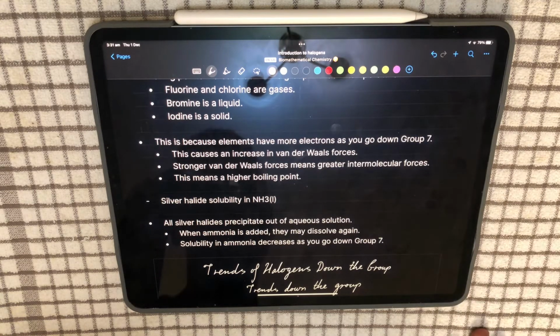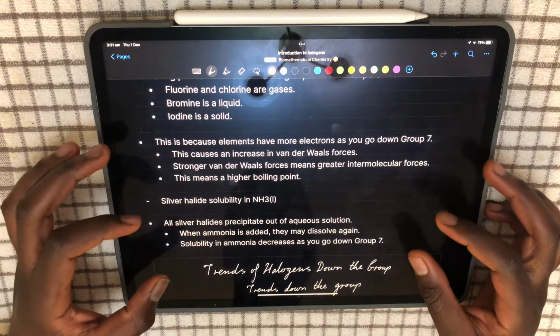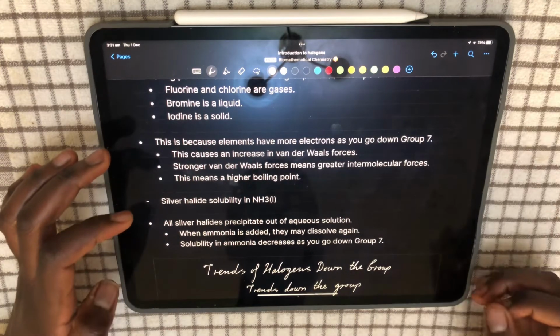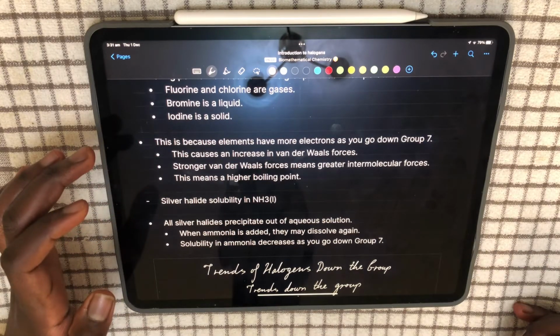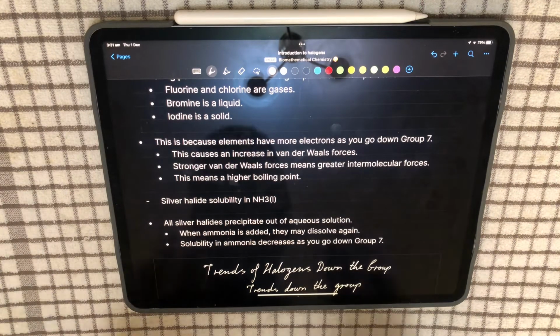So if you see an ionic compound with iodide, it's least likely to dissolve with ammonia, and that can be used for testing. I'll probably go into more detail in another video. It's used for testing when you have chloride, bromide, and iodide. You get either a white, a cream, or a yellow precipitate. But anyway, that's another video that I'll go through.